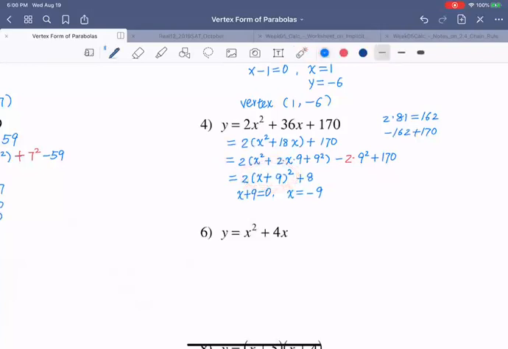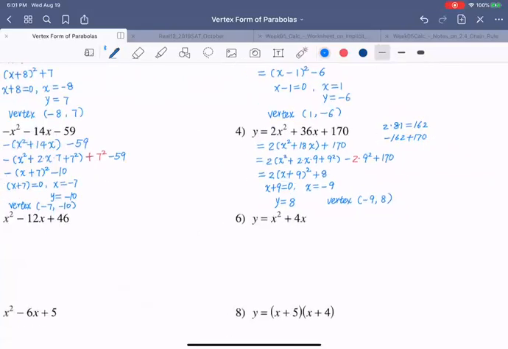Y equals how much? Y is 8. How come you make a -8? Y equals 8, right? Yeah. So vertex is what? Vertex is -9, 8. Okay. All right.